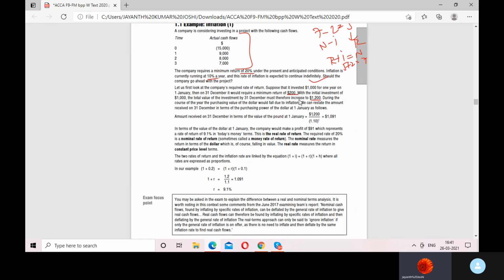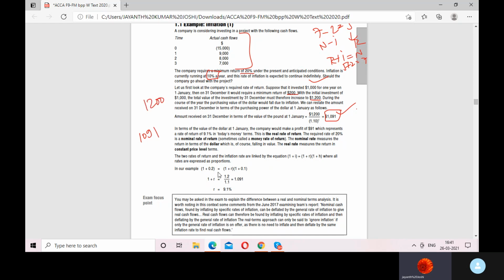Your investment grows by 200, so the total investment value is 1200 now. Now this 1200, if I discount with this 10% inflation, that means I remove the inflation, you get this. So actually the value is 1091. Because of inflation, it has become 1200.